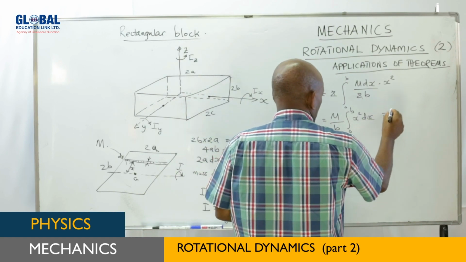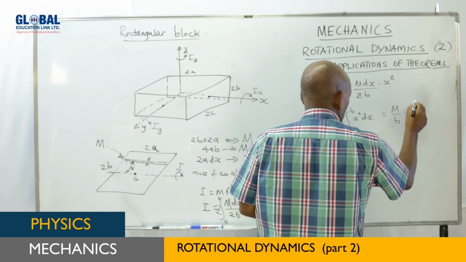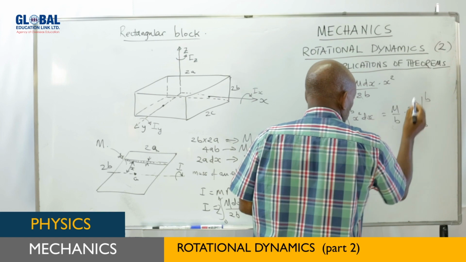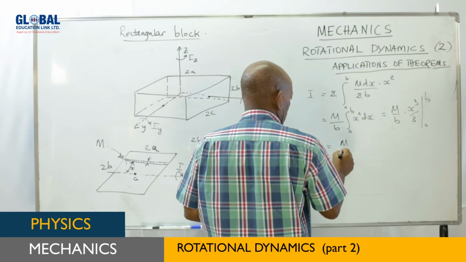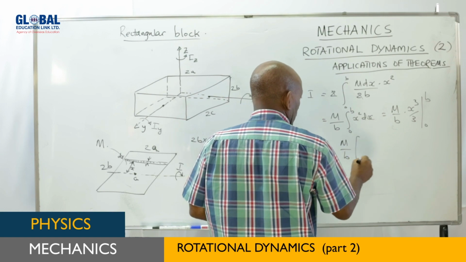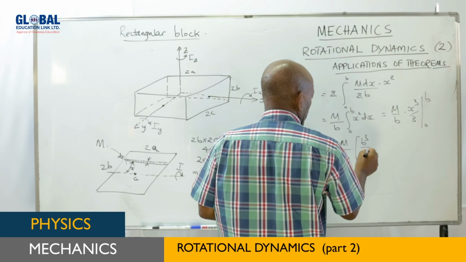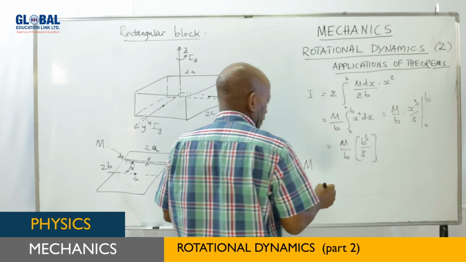And here we have m over b times x to the power 3 over 3. So we substitute from 0 to b, and we have m over b, and inside there will be b to the power 3 over 3 minus 0.